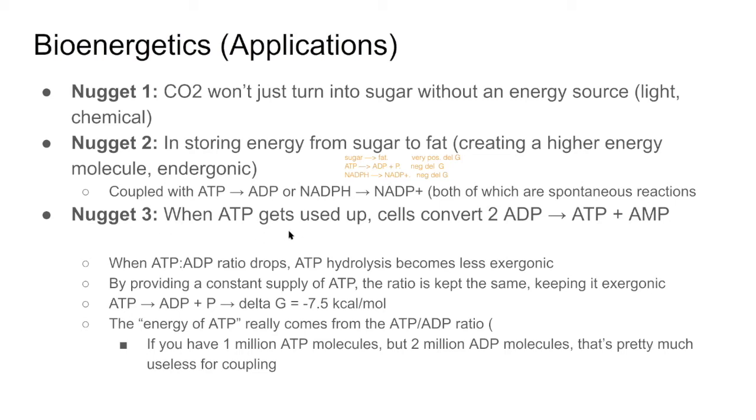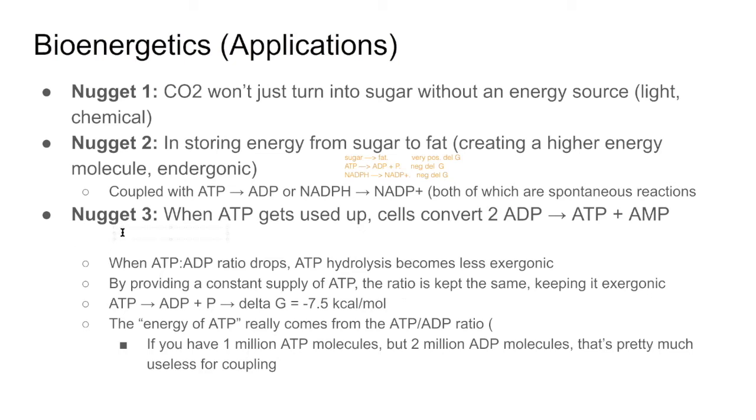And then nugget 3. One thing is we always say ATP is the currency of the cell. And that's because we say that the delta G of ATP hydrolysis is negative 7.5 kcal per mole.